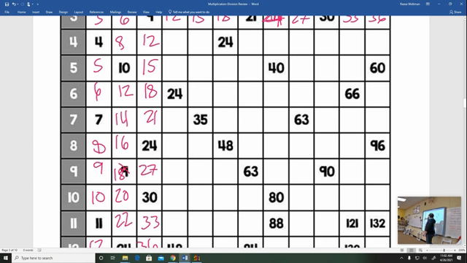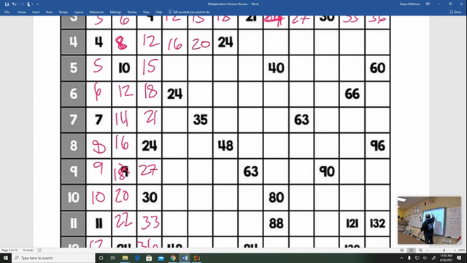We shouldn't even have to do the top of the 4s, right? Because we already filled those parts in. So where do we start here? We've got 4, 8, 12. What's next? 16. What's after that? 20.